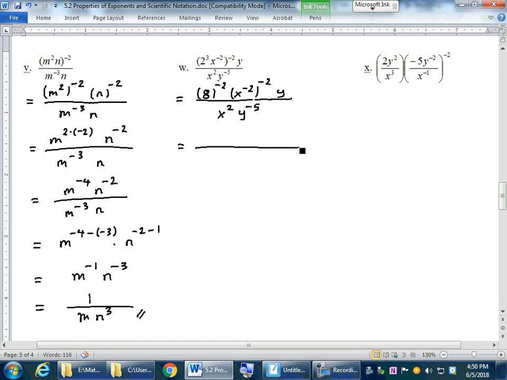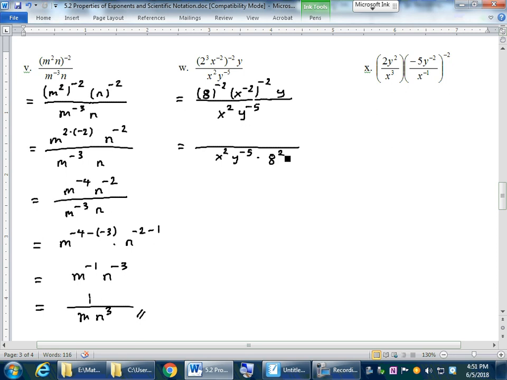So continuing this, we cannot simplify a negative exponent for a numerical base, so I have to change that into a positive exponent by bringing it down into the denominator. So this will become x squared y to the negative 5 times 8 to the second power.